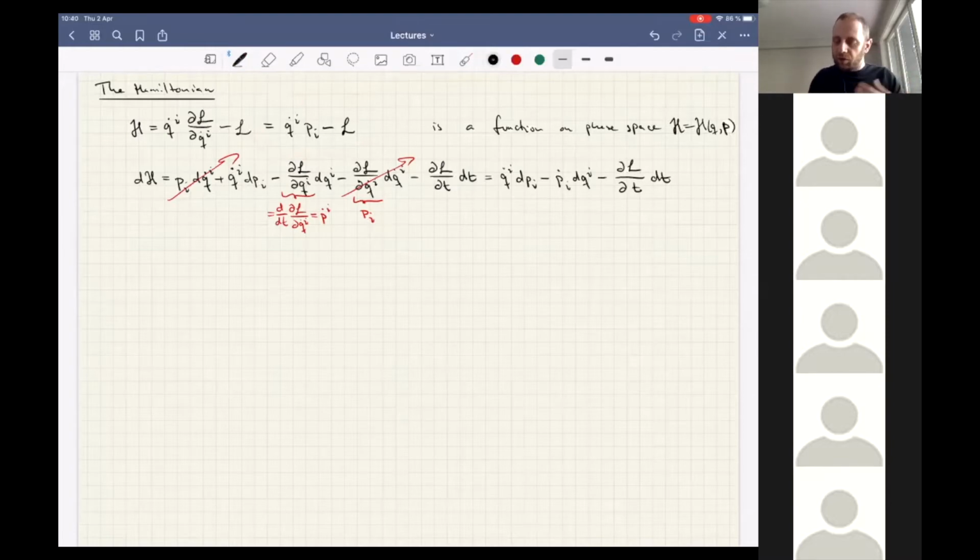However, we can also do this computation just from the assumption here that the Hamiltonian is a function of q, p, and possibly time. So if we do that, we just use the chain rule.